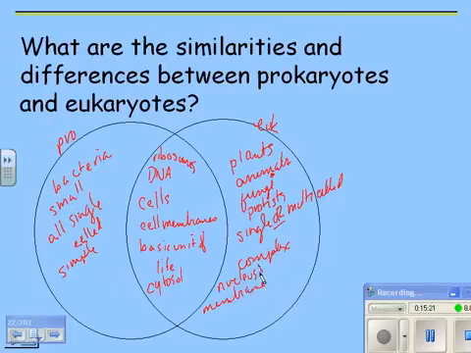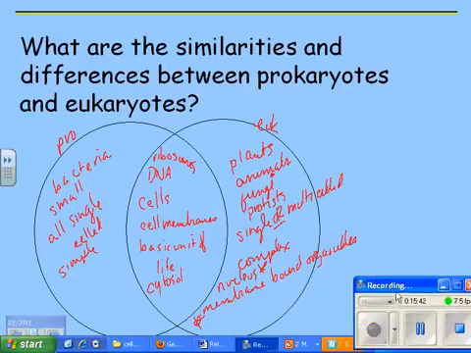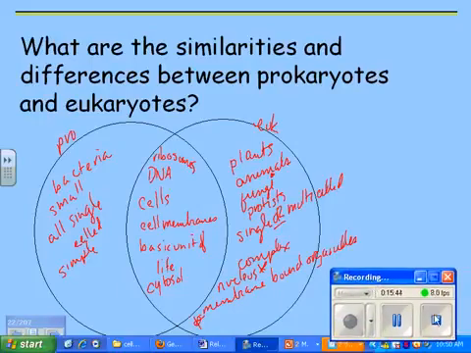Those are probably the two most important things, nucleus and membrane-bound organelles. That means they're organelles with membranes, as opposed to a ribosome, for example. And I think that's really the basic difference. So if you have that, you'll be well on your way to getting the difference between prokaryotes and eukaryotes. Bye.